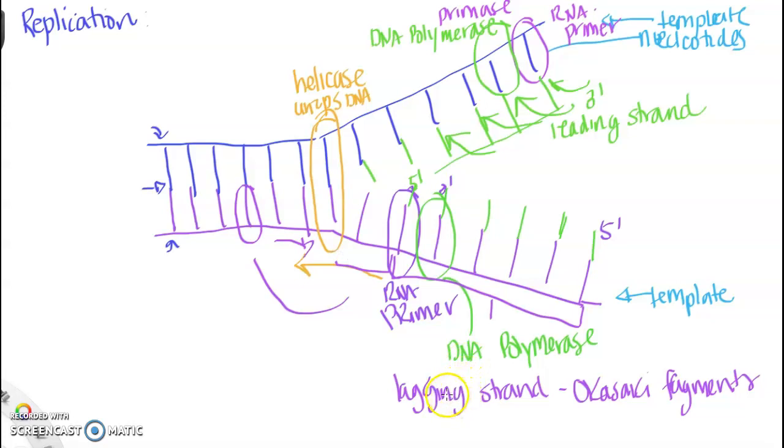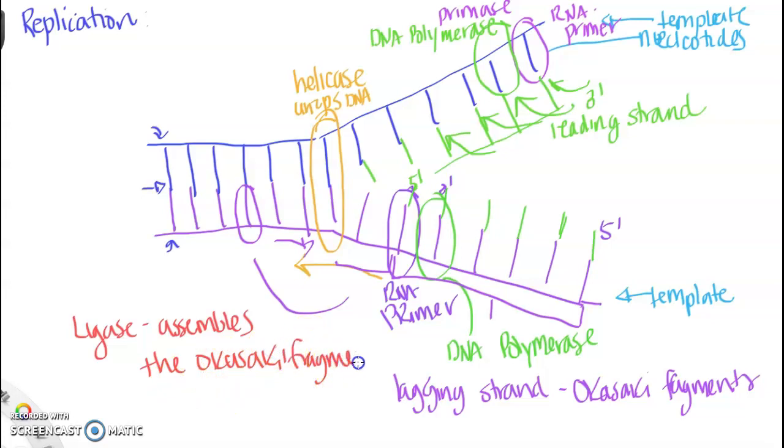And once that's done, then we have another enzyme called ligase that assembles the Okazaki fragments. There is another DNA polymerase that replaces the RNA primers.